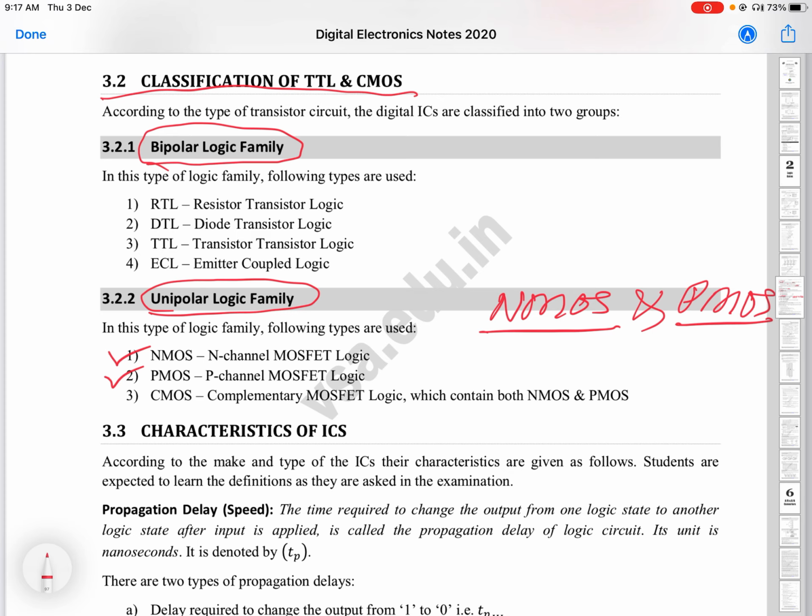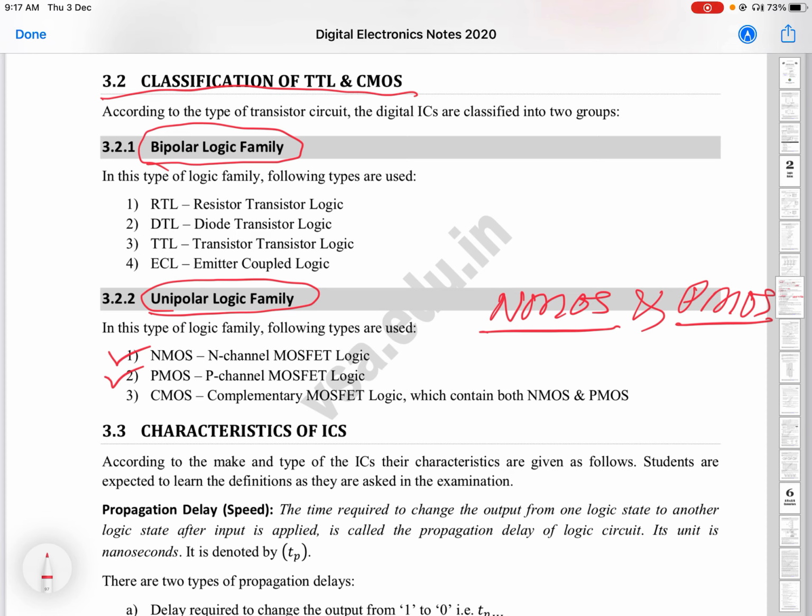You don't have to remember the long forms of these transistor names. It is not at all necessary, but rarely, I have been teaching this subject for the last 30 years, and I found that rarely, only once, one fill in the blank was asked on the long form of NMOS and PMOS. So don't take any tension over the long forms of these transistors and just concentrate on their important properties.